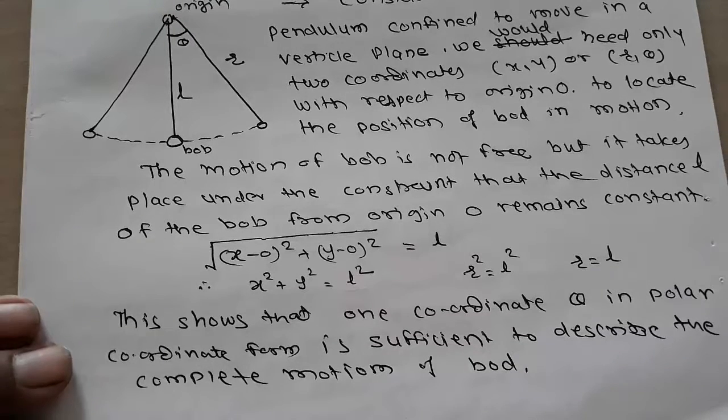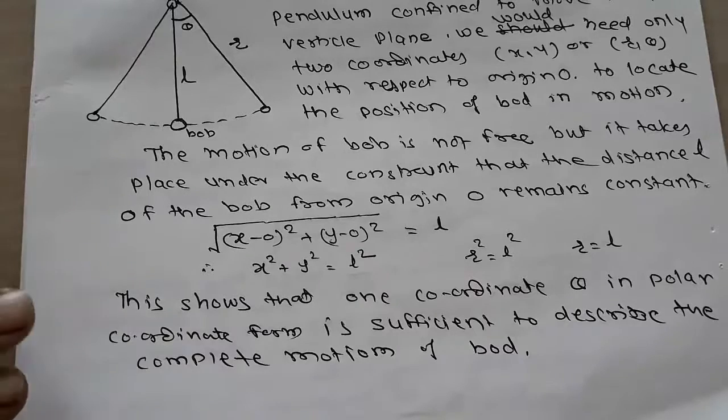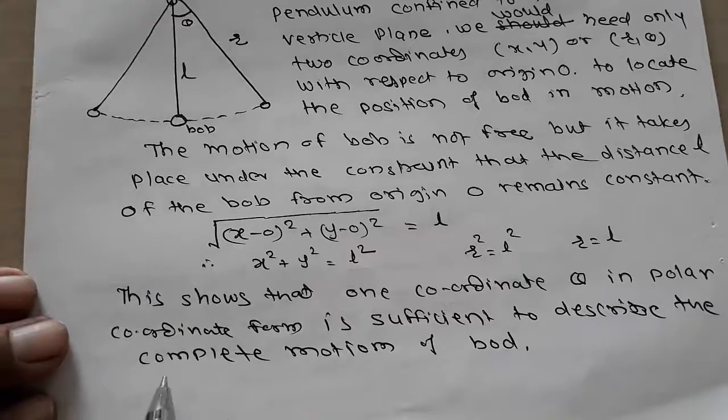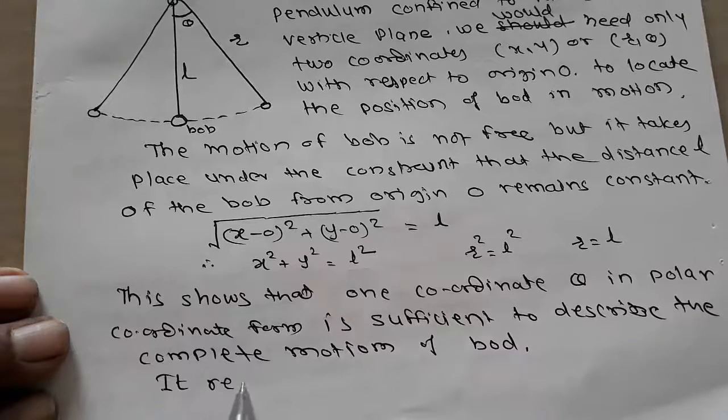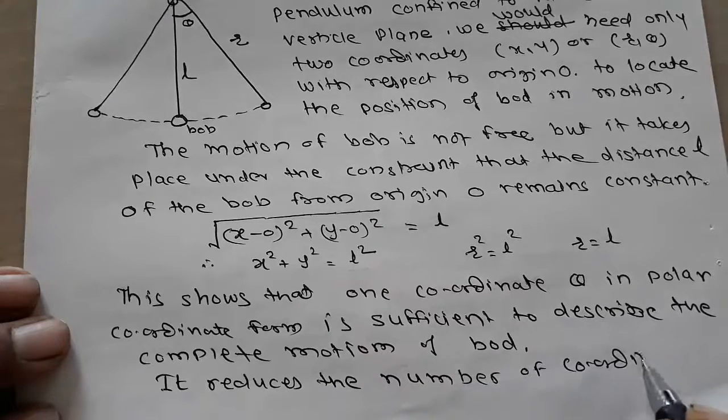Thus, the number of coordinates is reduced from 2 to 1, and hence we can conclude that the constraint reduces the number of coordinates from 2 to 1.